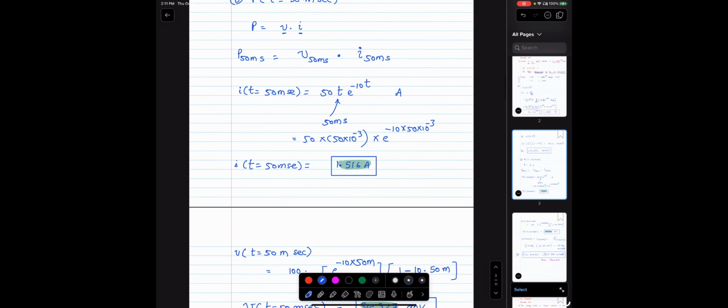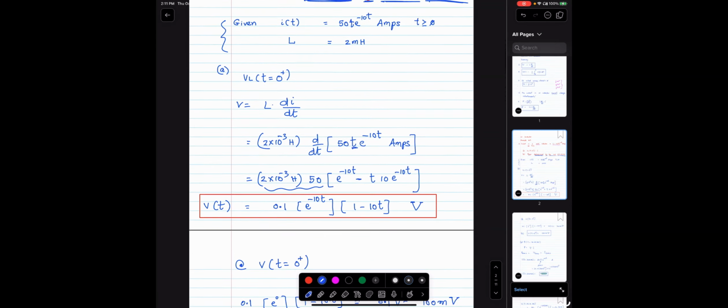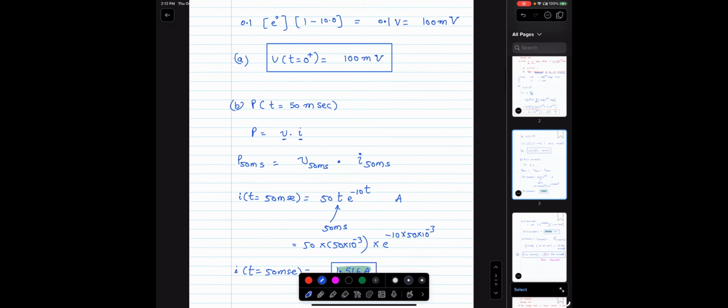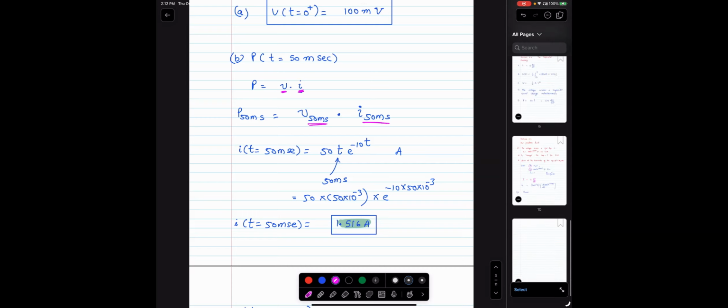In example problem 1, in order to find the power absorbed or delivered, we had to find the value for voltage and the value for current at that time, and multiply those instantaneous values.